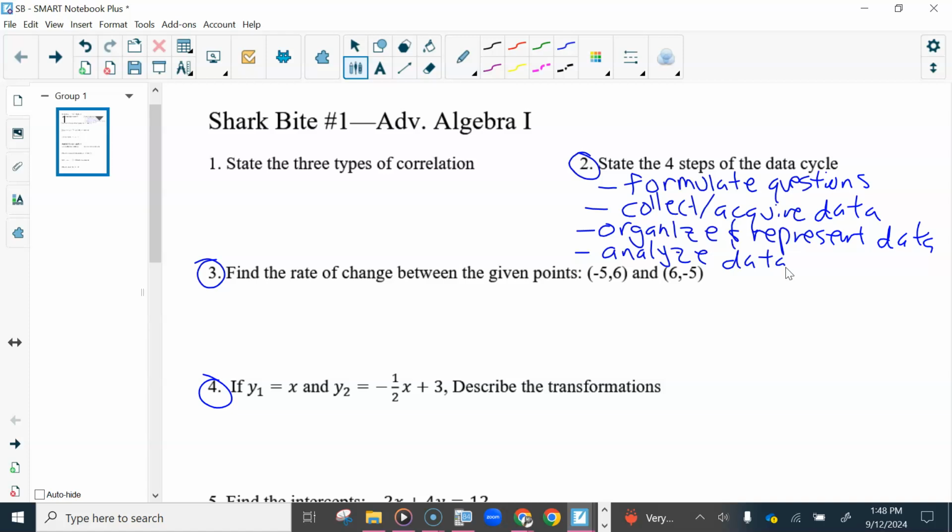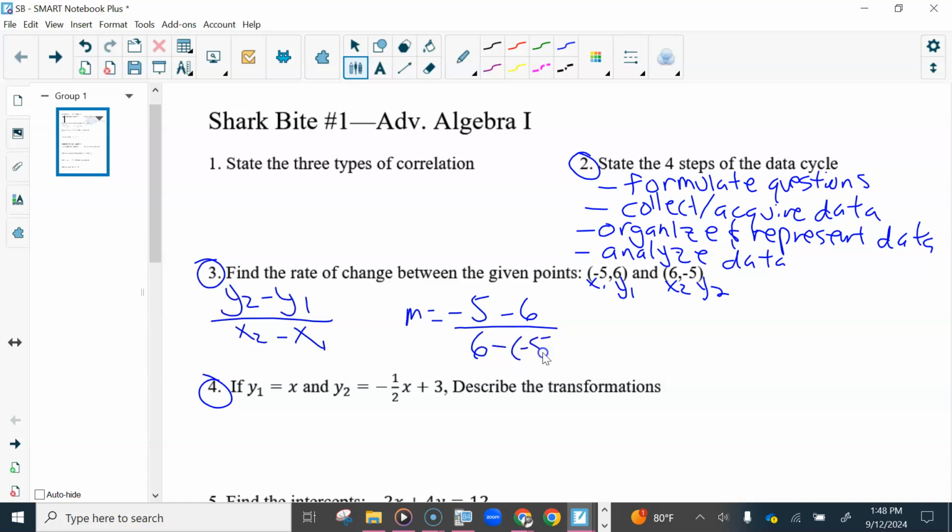The rate of change is your slope. You're using your slope formula to find that. Your y2 minus y1 over x2 minus x1. So I'm going to label those. And then find that by doing -5 minus 6 over 6 minus a -5.